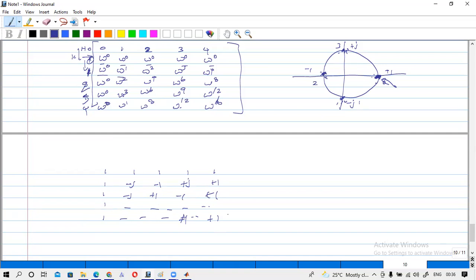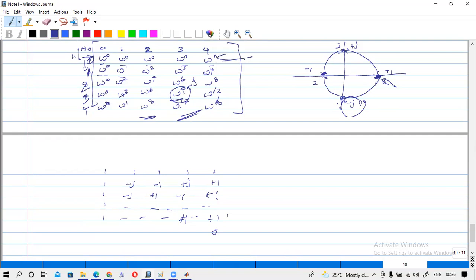Again, it is this one. Likewise, you can calculate any value. I think the ninth value you have to calculate: 0, 1, 2, 3, 4, 5, 6, 7, 8, 9. This point minus k, so that is W9 minus k. So you can calculate this for the whole value.